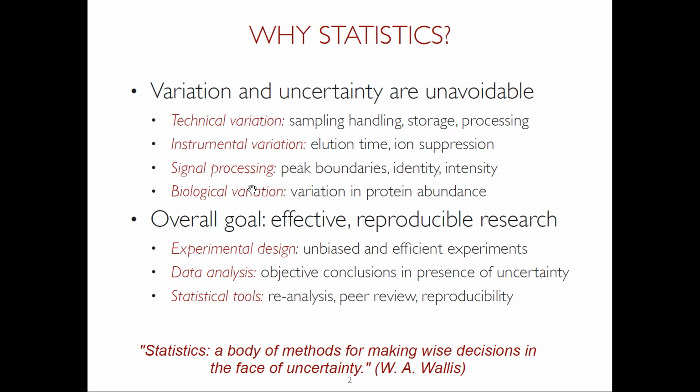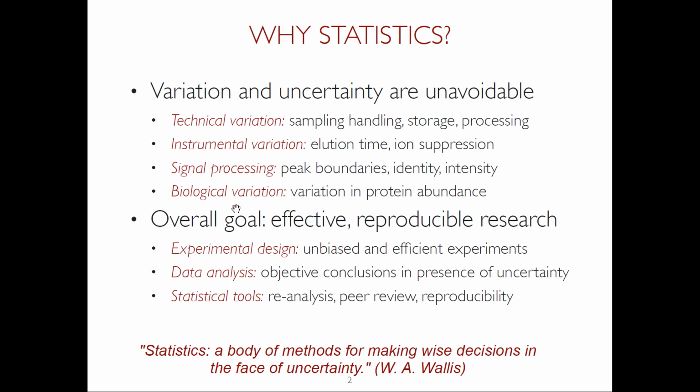When we are interested, for example, in relative quantification, so we're interested in studies of changes of protein abundance between conditions, we want to know if the change is larger than the random biological variation would be expected to produce. So even if we have perfected our designs and measurement technologies, we still have to work with statistics, because we need to understand how much biological variation is in our studies.